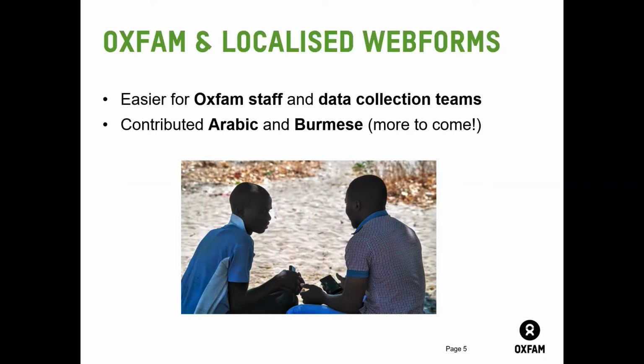We've had interest certainly from teams in Somalia and Nepal to contribute some translations as well, so we're anticipating that we're going to keep adding. When we shared the feature with a lot of our teams, they were excited and really want to see their own languages available, because it will just make life a lot easier.